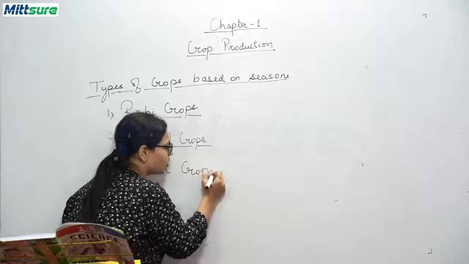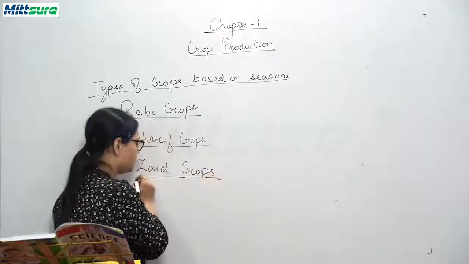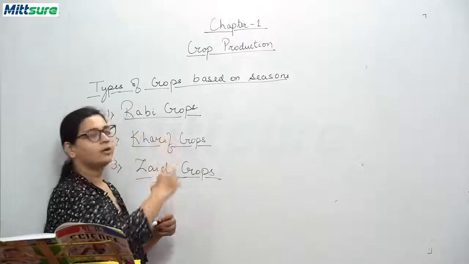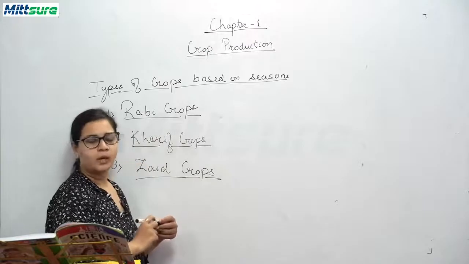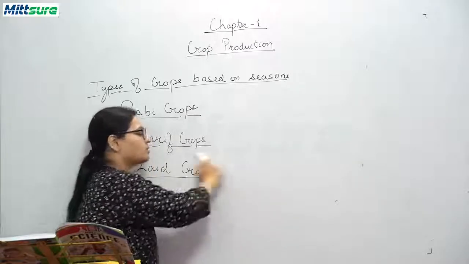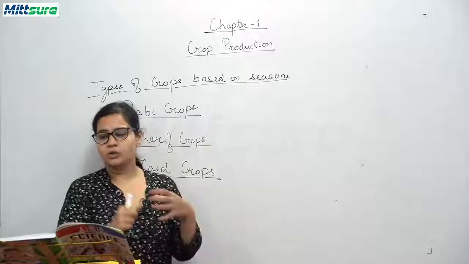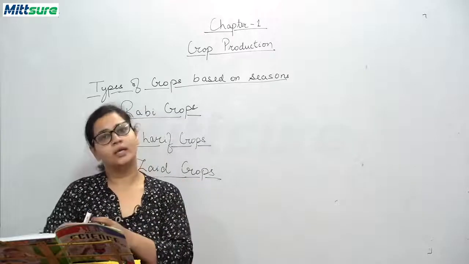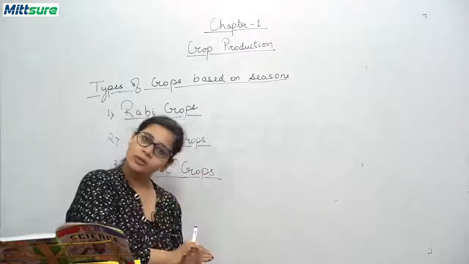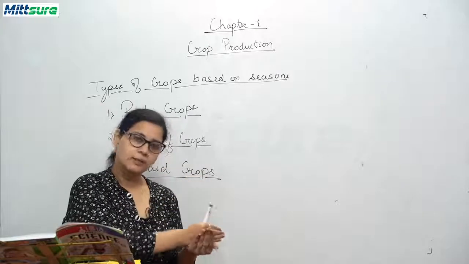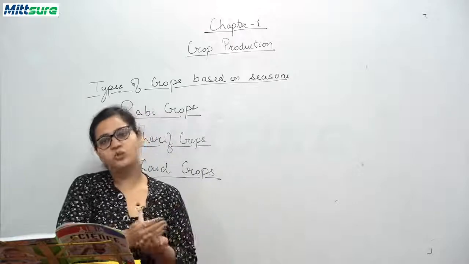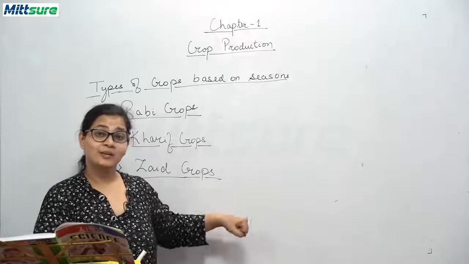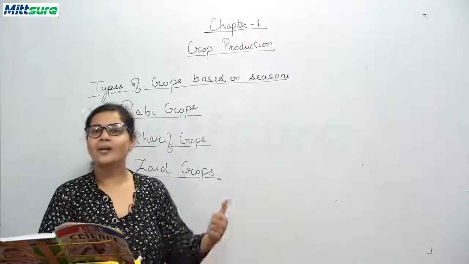Between Rabi crops and Kharif crops, there is a short period of time when we grow Zaid crops. This short season is from March to June and July, when we sow the plants in March and harvest in June and July. What are the examples of Zaid crops? Watermelon.